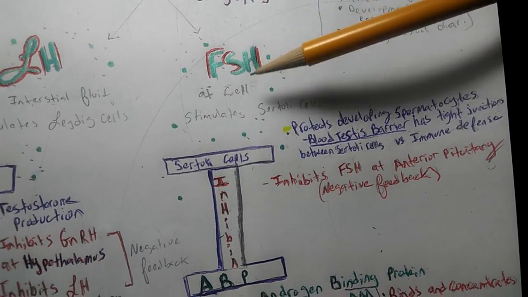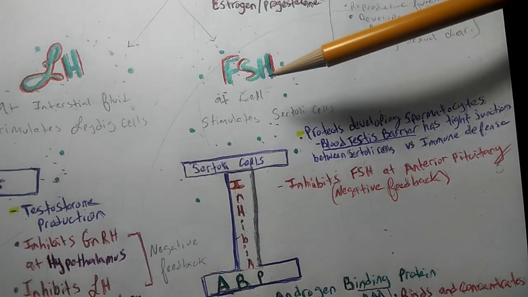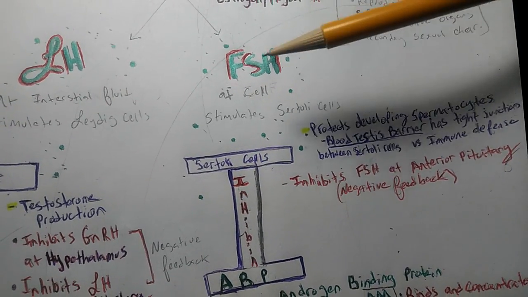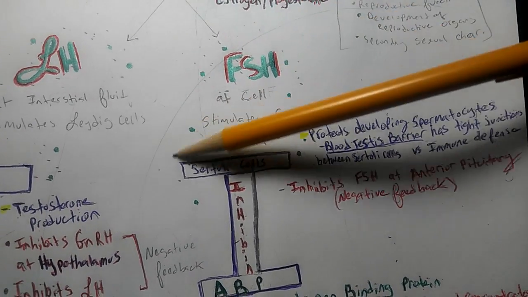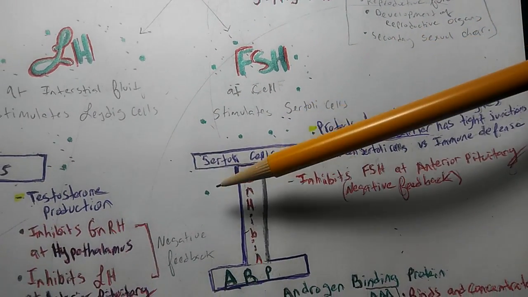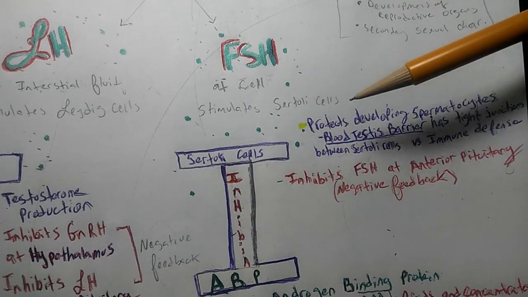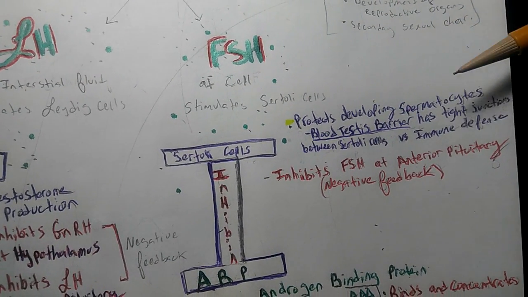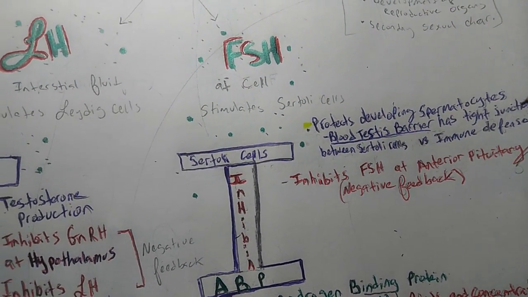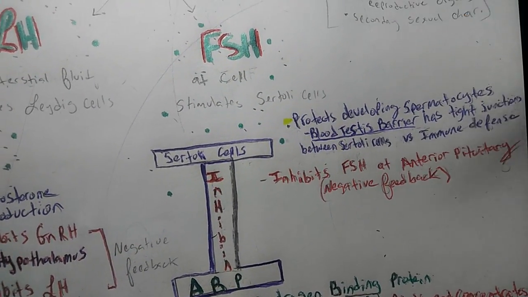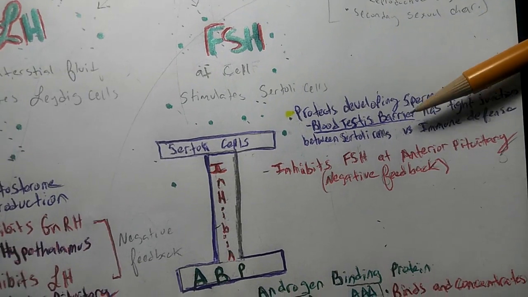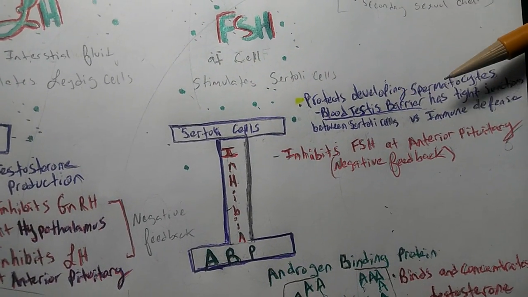The FSH enters the male's gonads, and then it enters a cell within a cell, I guess you could say: the Sertoli cells. The function of the Sertoli cells is to protect the developing spermatocytes. They're called nurse cells. They nurse the spermatocytes until they develop into sperm.